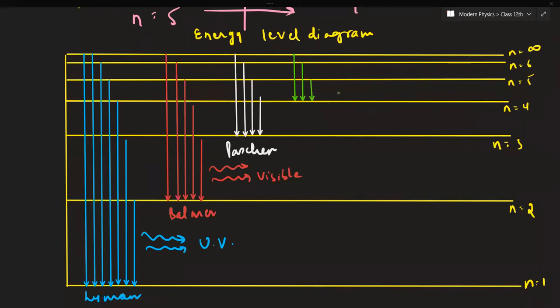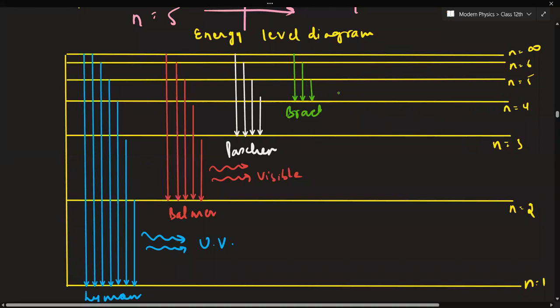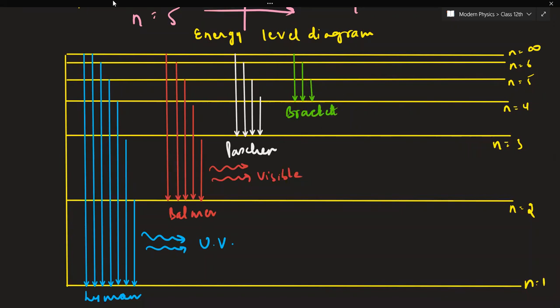So these set of series are known as the Brackett series. Fine. That's why I'm doing the revision. All these radiations have their initial point as something else, but the final point is fixed for Lyman, for Balmer, for Paschen, for Brackett.